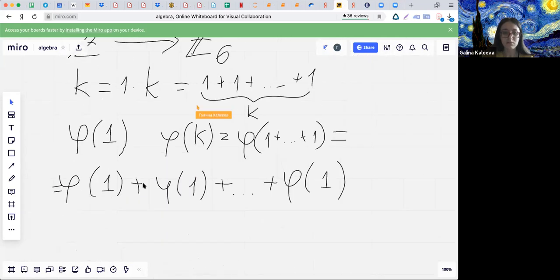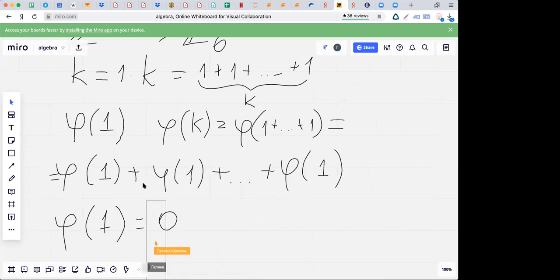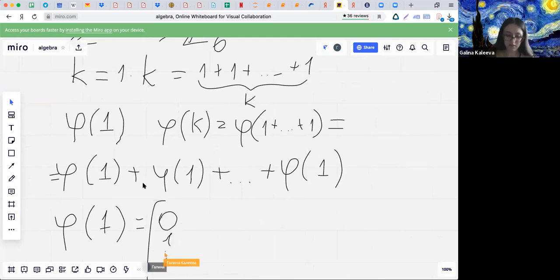Let's say that the image of 1 equals, for example, 0 or 1 or something else in our group modulo 6.